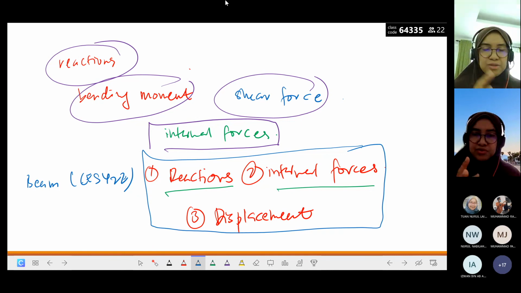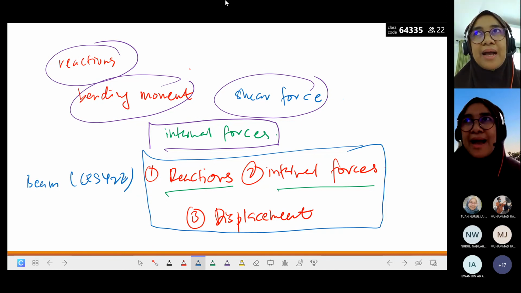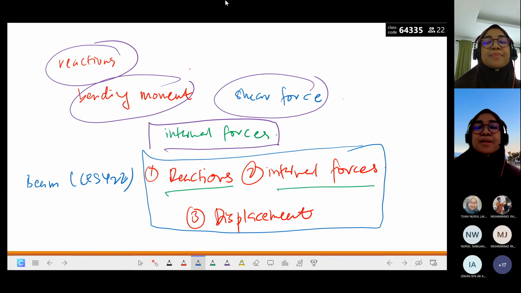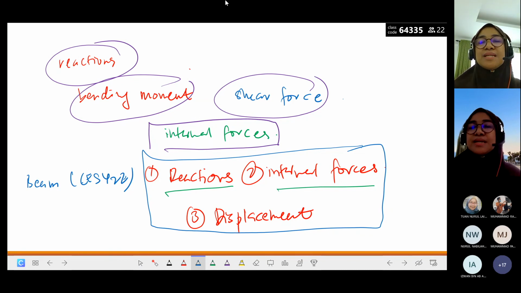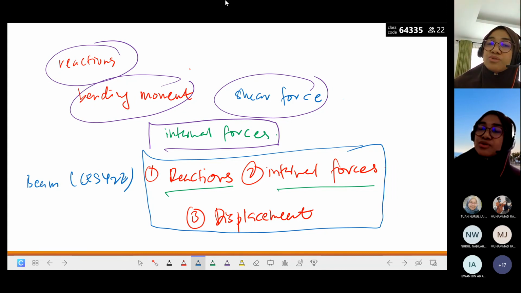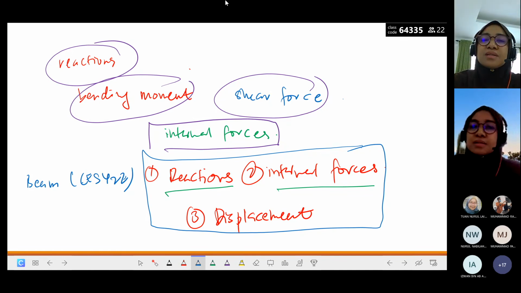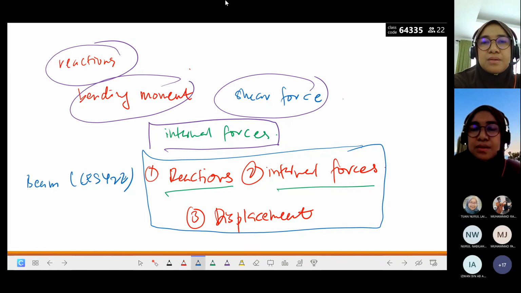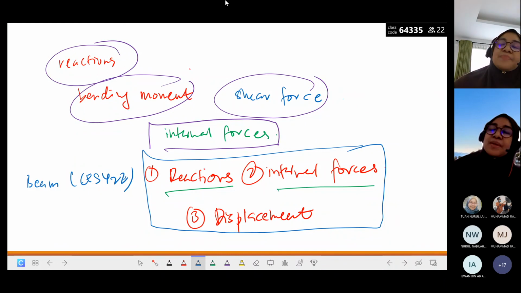And then in truss, you have learned how to calculate member forces using method of section and method of joint. Member forces in the truss are actually the internal forces. And then the last one is displacement.